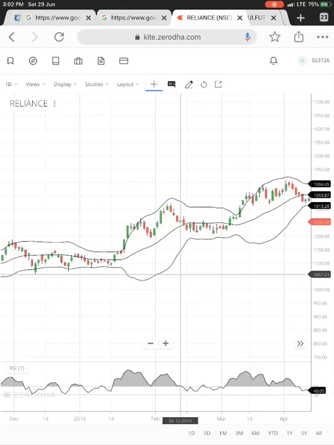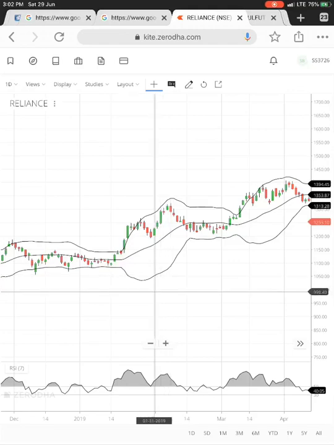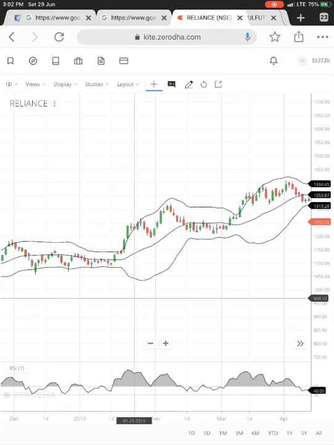Yes. The size of the candle determines the proportion of buyers or sellers present in making that candle. This green candle is relatively bigger, which means more buyers are present. The previous one is almost the same size, but it is dominated by the sellers, that's why it is a red candle.